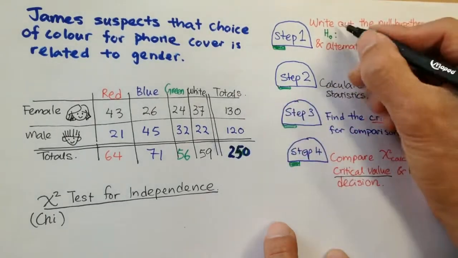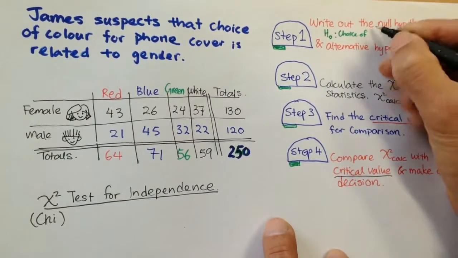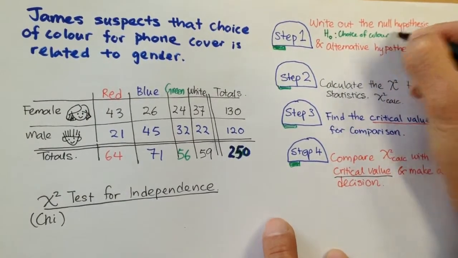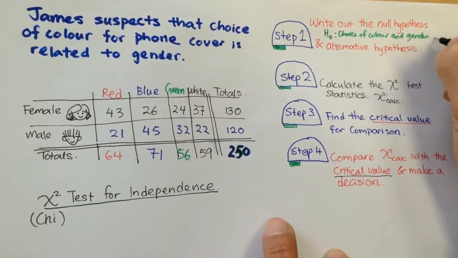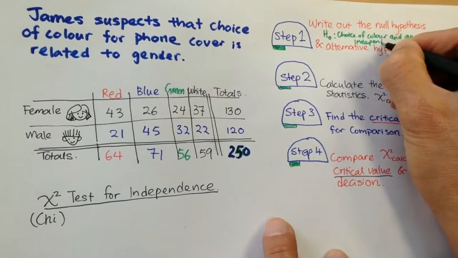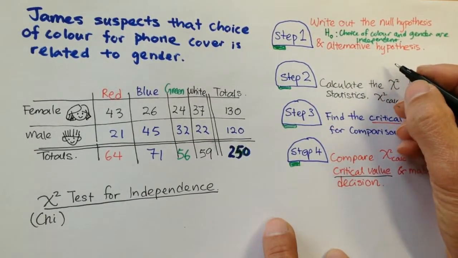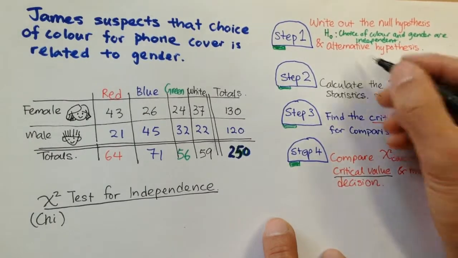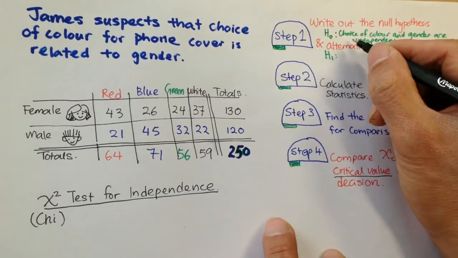So in this case, you can say the choice of color and gender are independent, for example. So the null hypothesis is always about independence, whereas the alternative hypothesis is about the opposite of independence.